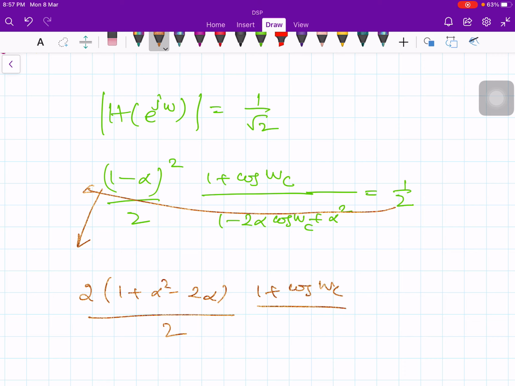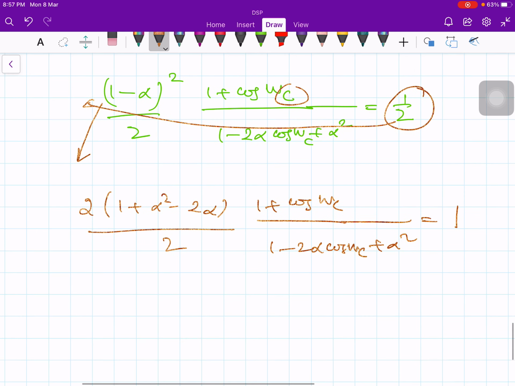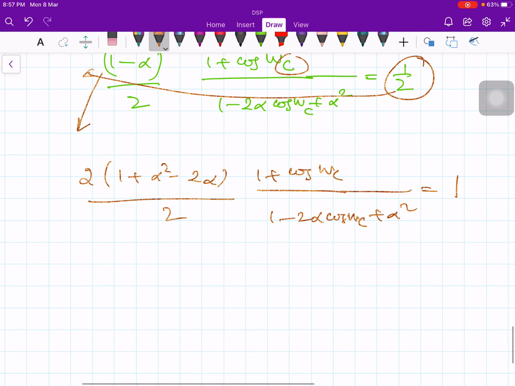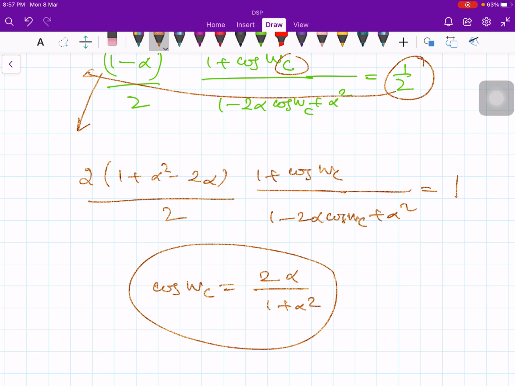At the cutoff frequency the magnitude is 1 by root 2, but if you square it, it becomes 1 by 2. In the denominator, 1 minus 2 alpha cos omega c plus alpha square is equal to 1. Simplify this. Finally, you will end up with cos omega c equal to 2 alpha divided by 1 plus alpha square. So this is the cutoff frequency.